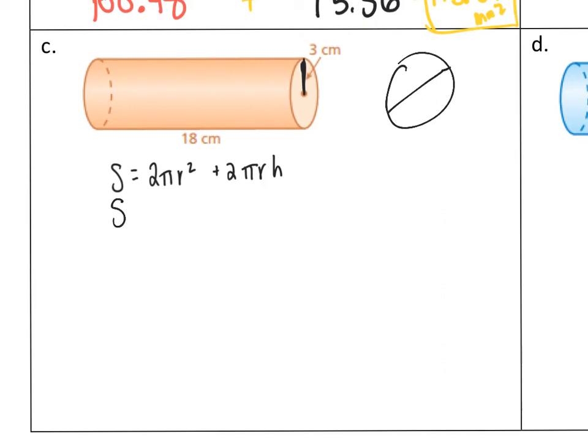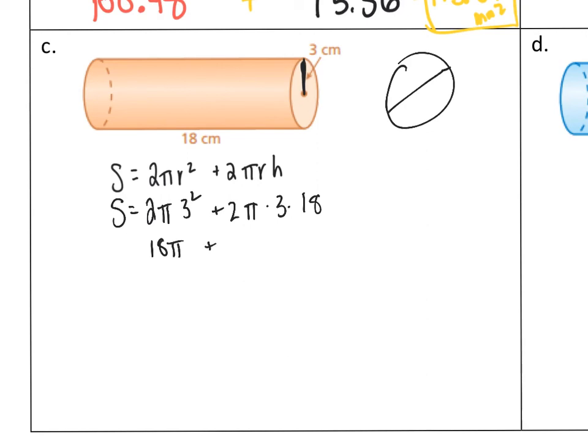I'm going to plug in everything I know: 2 pi times 3 squared plus 2 pi times 3 times 18, and simplify. Remember, 3 squared is 3 times 3, which is 9, so we get 18 pi here.